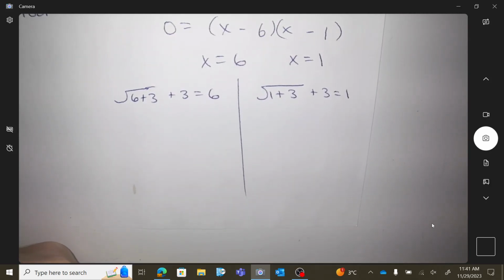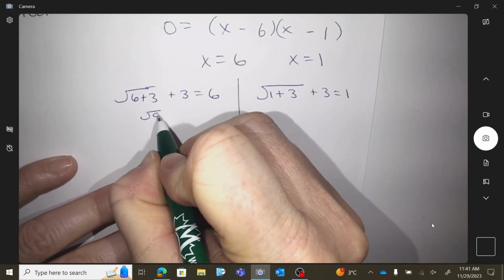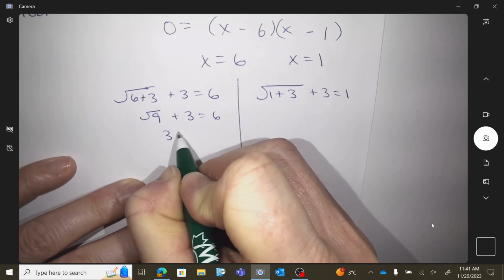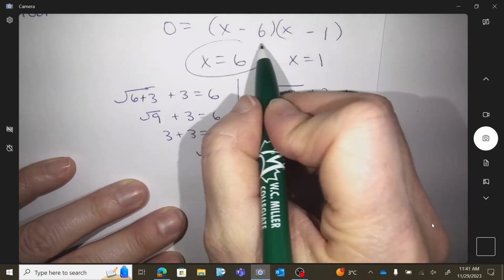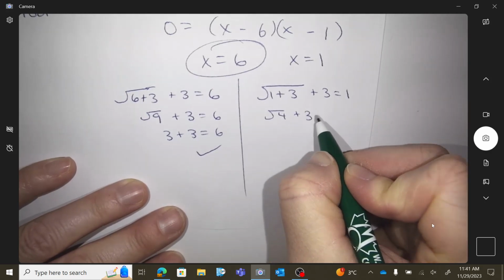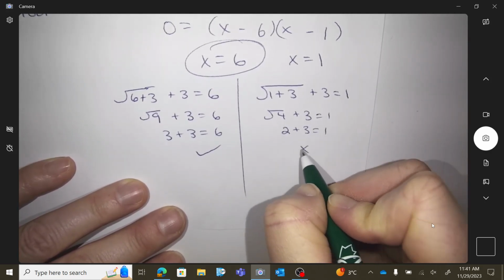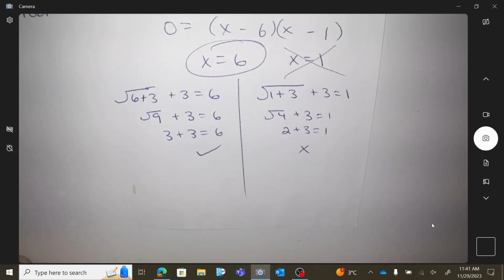I'm just going to do the math on it. Okay, so once I plugged it in, it looks like 6 worked, and it looks like 1 did not work in there. Therefore, 6 is the only answer to it.